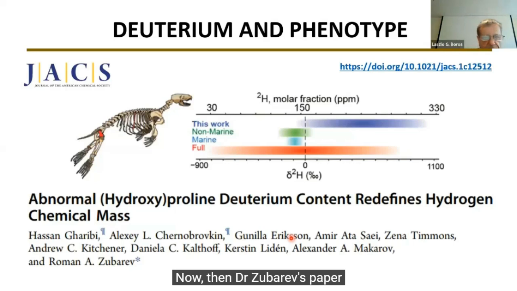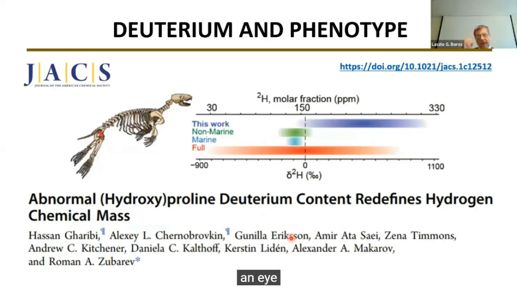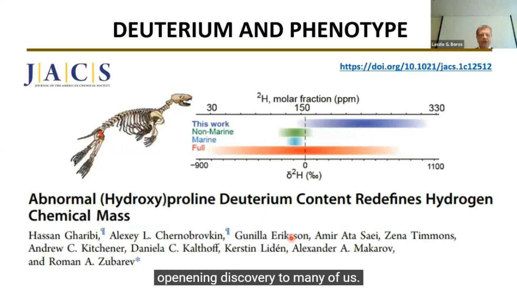then Dr. Zuborev's paper came a few years ago, and this was really an eye-opening discovery to many of us. This is showing how diverse the deuteronomics or deuterium landscape is in biology.